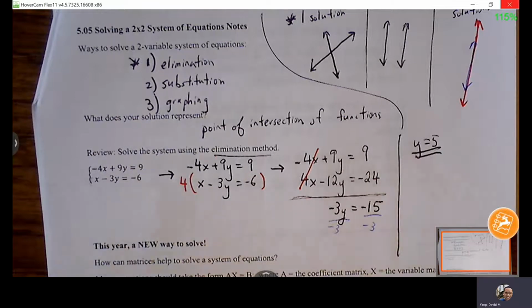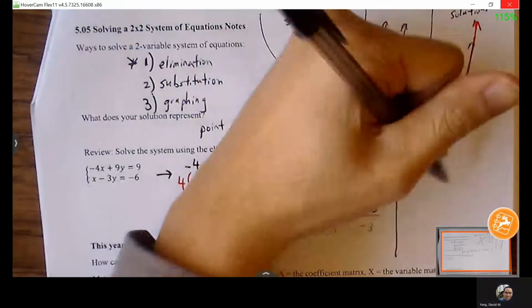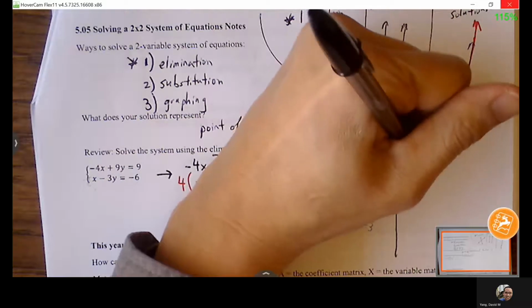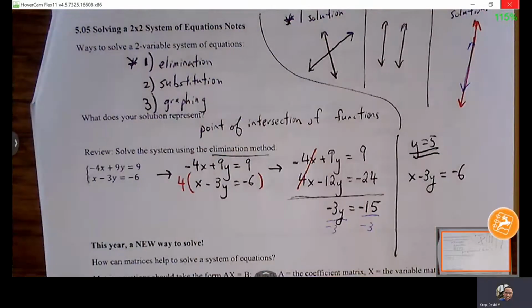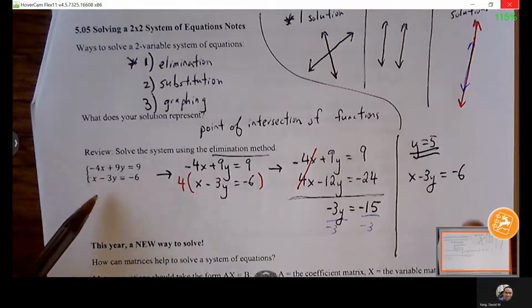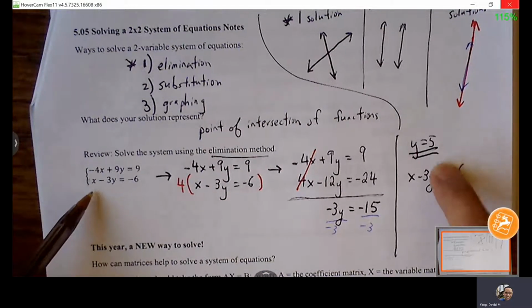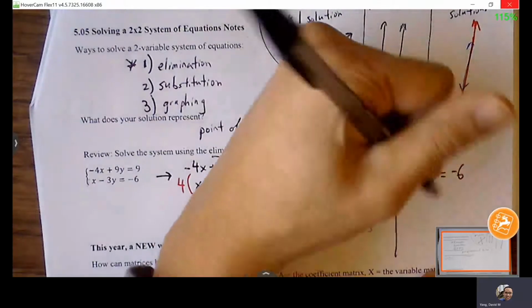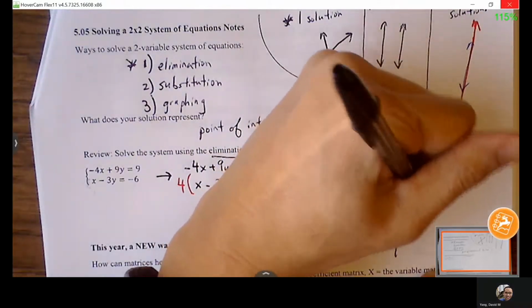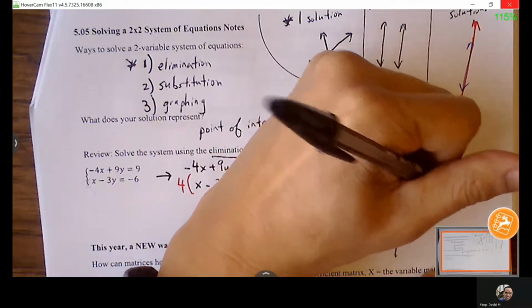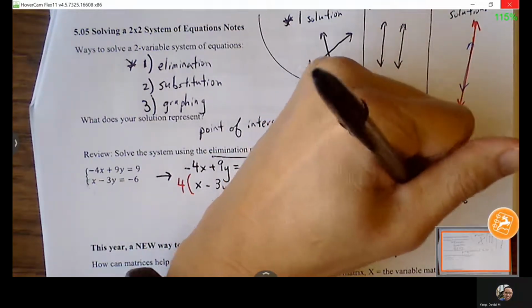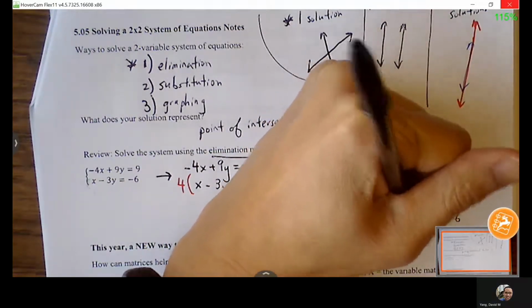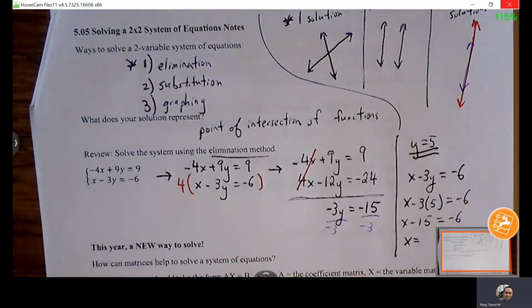They'll both produce the same x value. Okay. Replace 5 in for y. Add 15 to both sides.